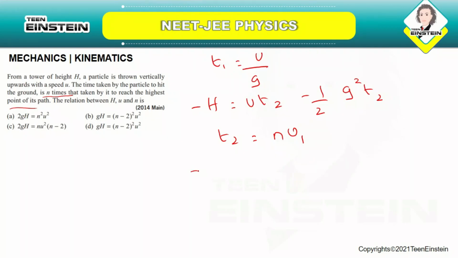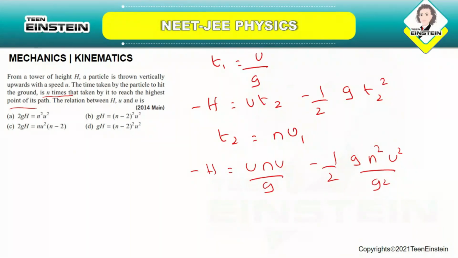So you can substitute the value of t2 here. You will be getting minus h is equal to u n u by g minus half g n square u square by g square. Okay, because we know that t1 is equal to u by g and you are substituting that value over here.